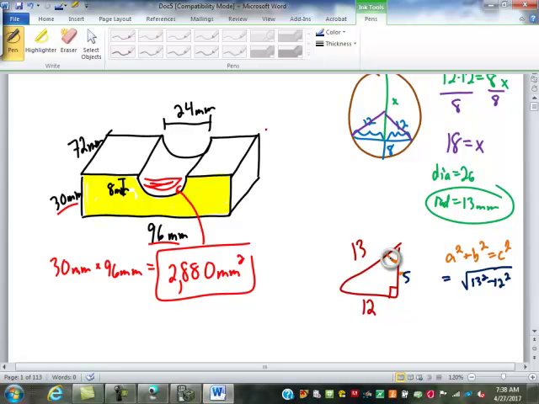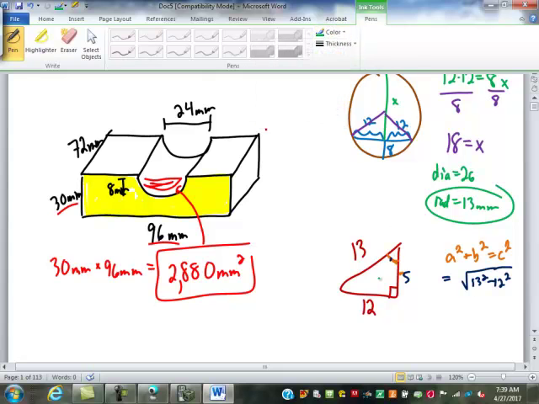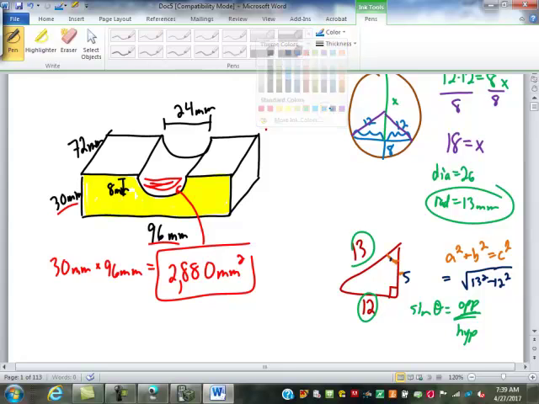To find this angle, I have the opposite side and the hypotenuse, which is tangent. Or not tangent, sine. Thank you. We got tangent on the brain today. So we plug in what we know.